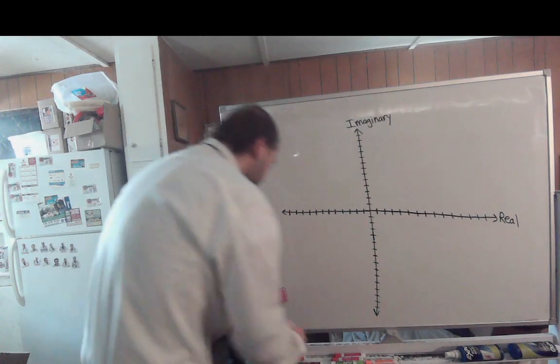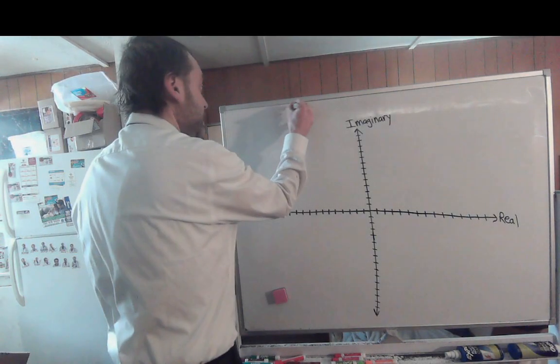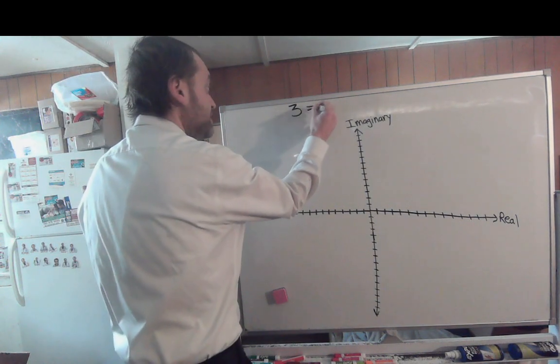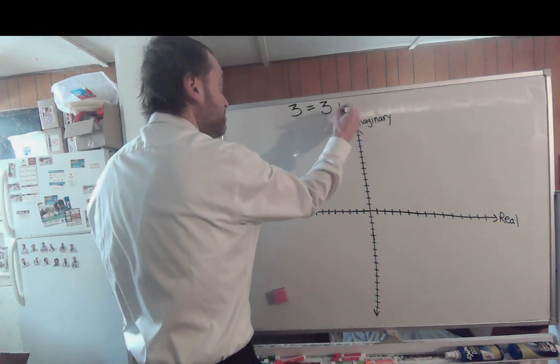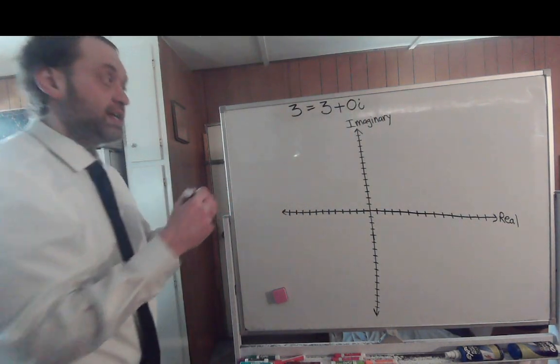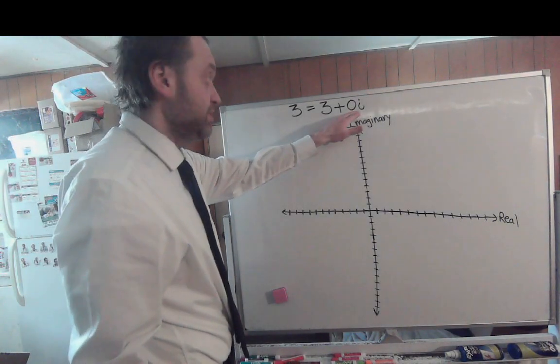Alright, now on the flip side of that, what if I'm just given 3? Well, that would be the same as 3 plus 0i, which is the standard form, because 0 times anything is 0.